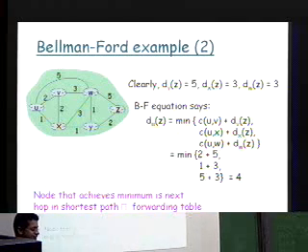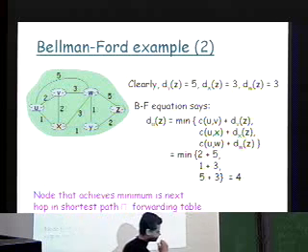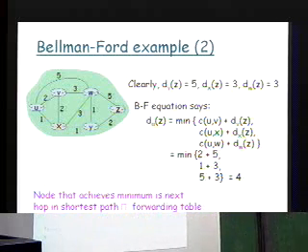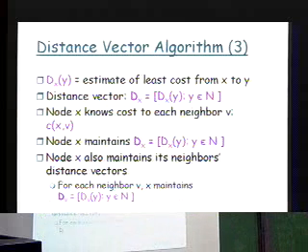In Dijkstra's algorithm, after k steps, you knew the best path and the cost to k destinations. Here there is no guarantee, but as the algorithm runs, it will converge to a solution. So let's stop here, and in the next lecture we'll go through the details of the distance vector algorithm.